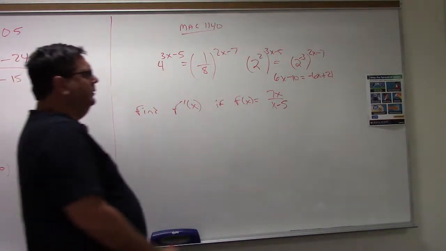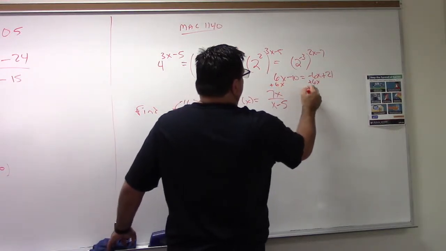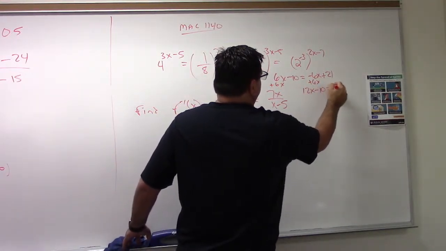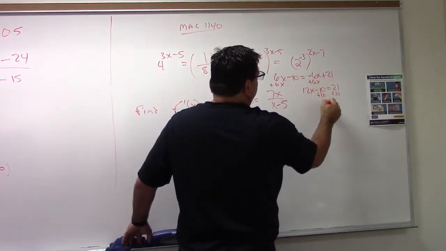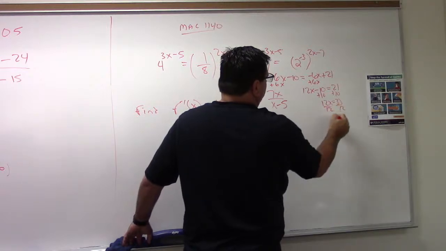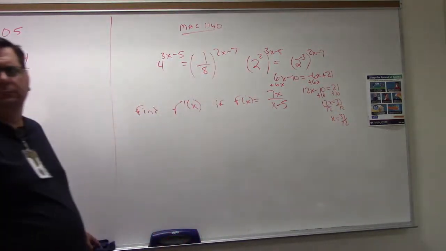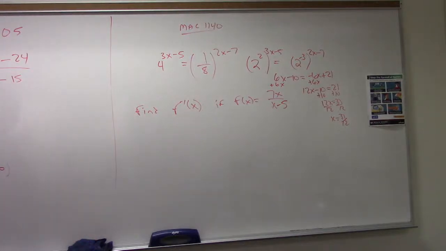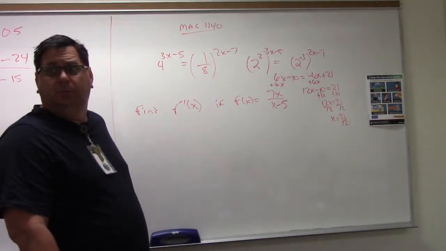Right? Twelve x minus 10 equals 21. Add 10, 12x equals 31. Divide by 12, x equals 31 over 12. Great. Now, we good, guys?